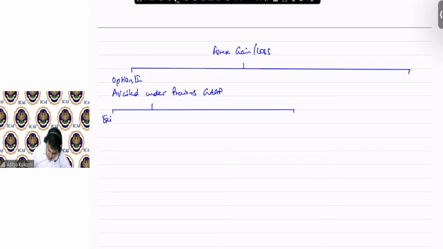Existing loan, new loans. So let us presume the date of transition is 1/4/22. Existing loan taken on 1/4/2010, 30 years tenure.